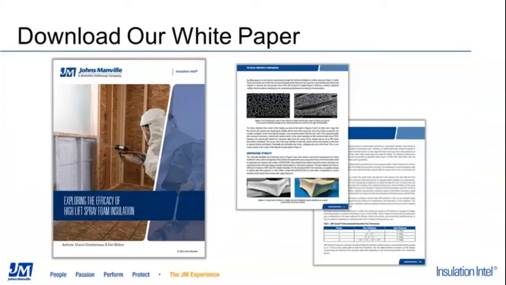The purpose of the white paper was to discuss whether high-lift spray foams can be used as a competitive product when compared to a product like JM Corbond III that can be installed in immediate successive passes. If you're looking for additional information on the topics we've discussed today, this white paper will be very helpful, and we'll send it directly to you with the recording of the webinar as well.